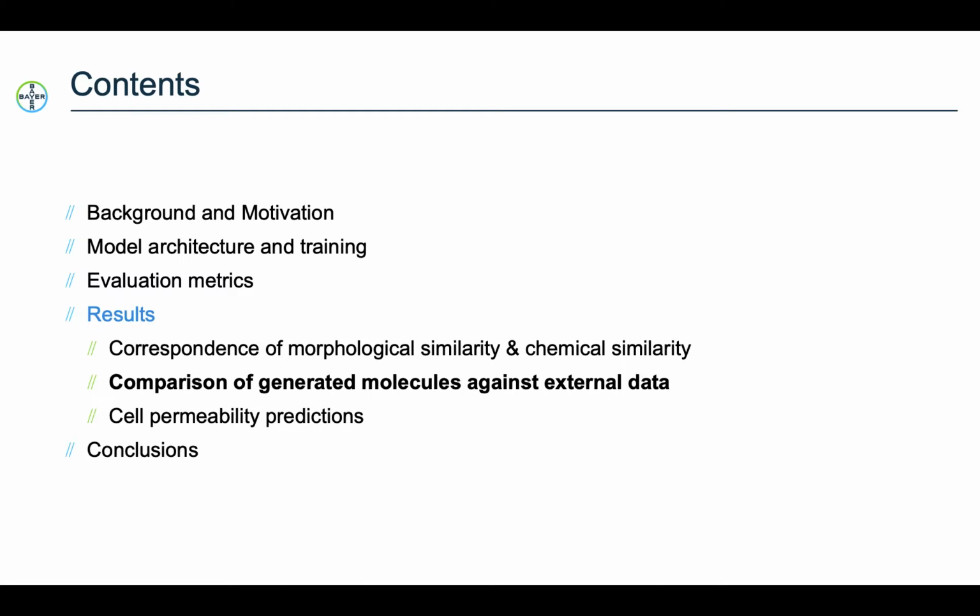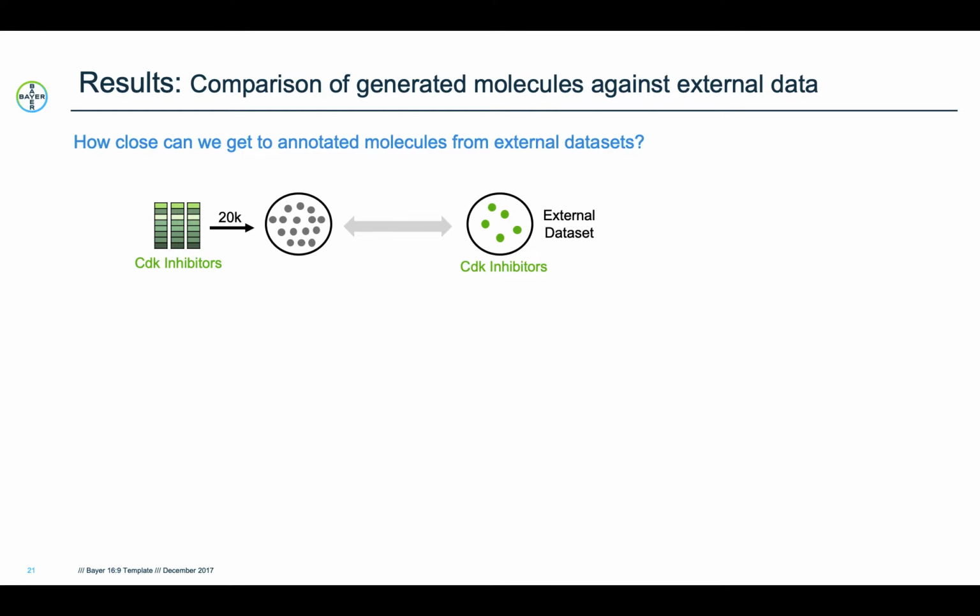Okay, and then the next thing that we aimed to do was to compare the generated molecules against external data. So the question we wanted to answer here is how close can we get to annotated molecules from external data sets, so molecules that were not included in the training set. Our idea with this would be to take a group of conditions.